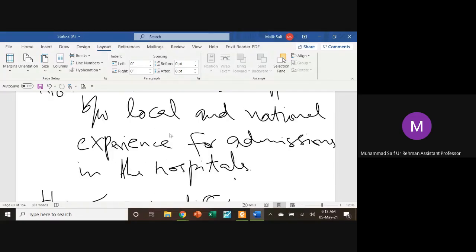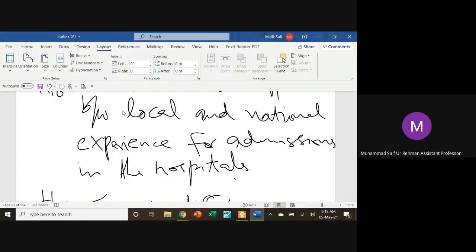So local experience is the experience that we will have using the sample information, and we are going to say something about the national experience. Means whatever we are saying using sample, that is correct if you take the whole population of some particular area or the whole country in our consideration. So same will be the case for the whole population.